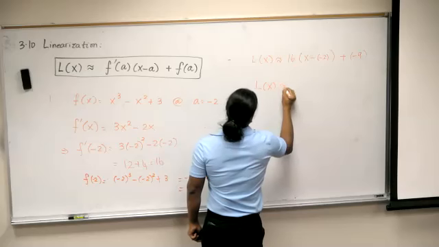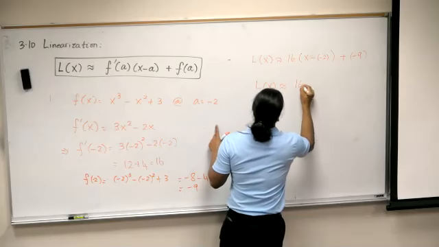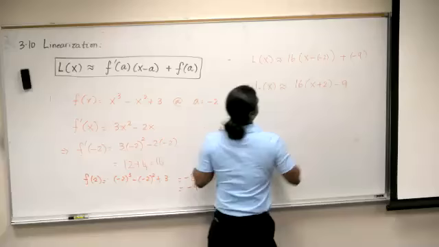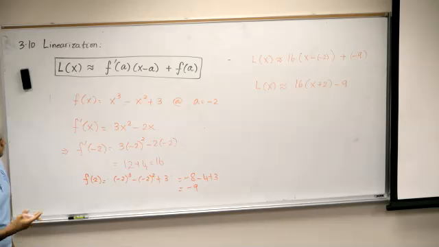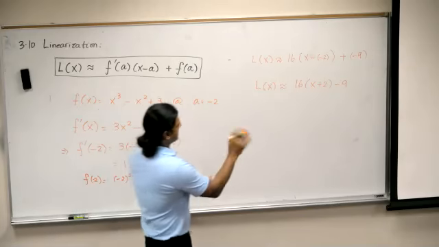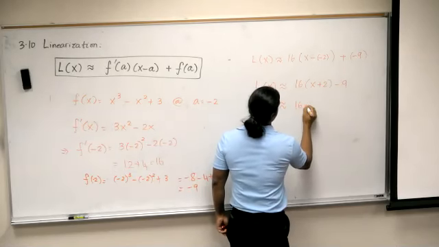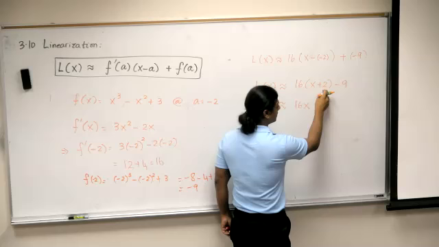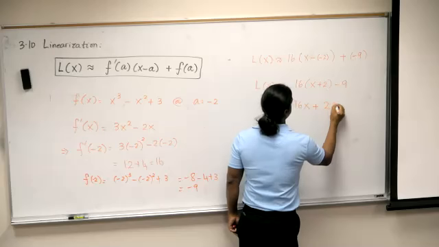So L of x, the final answer, is 16(x + 2) - 9. We can simplify this further: 16 times 2 is 32, 32 minus 9 is 23.